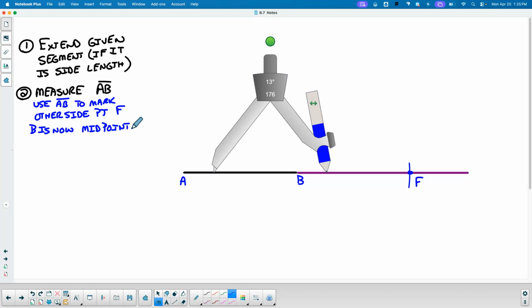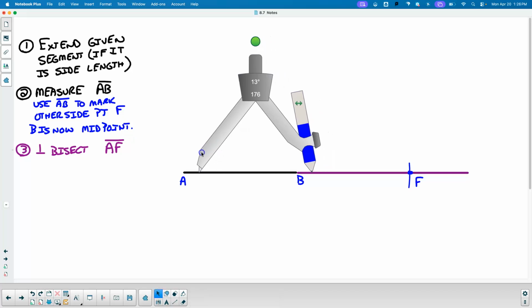So now what we're going to do is perpendicularly bisect segment AF. And what is that perpendicular bisector going to go through? It's going to go through B, right? Refresh my memory. You guys all got it in your notes somewhere.